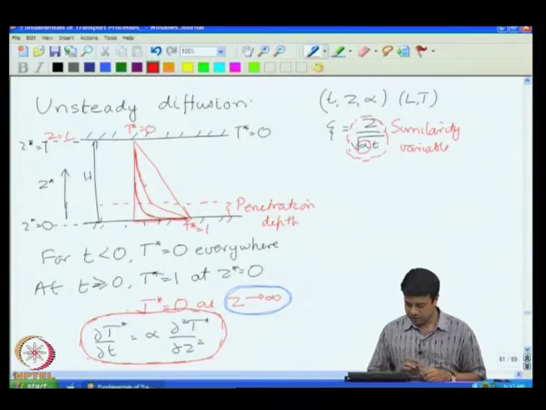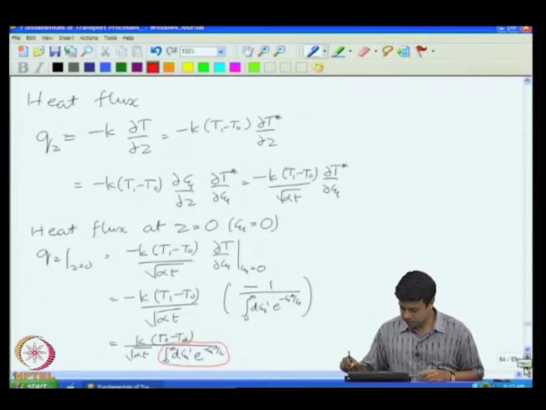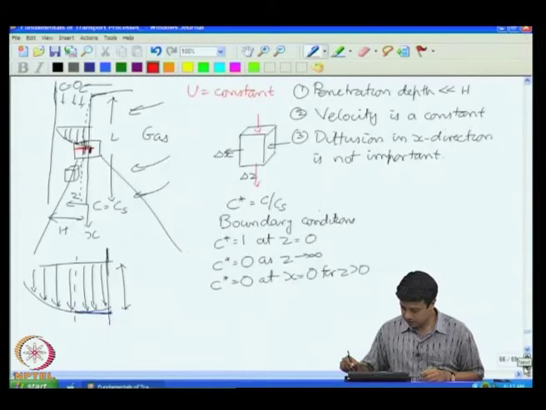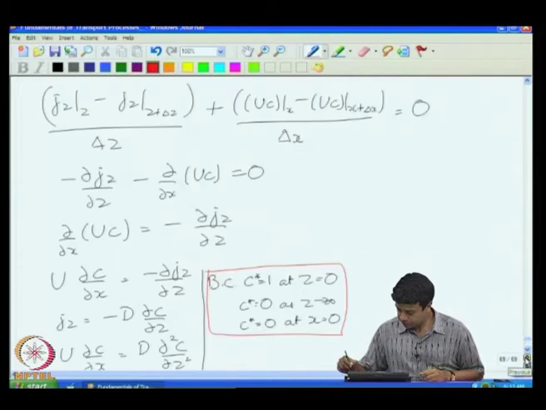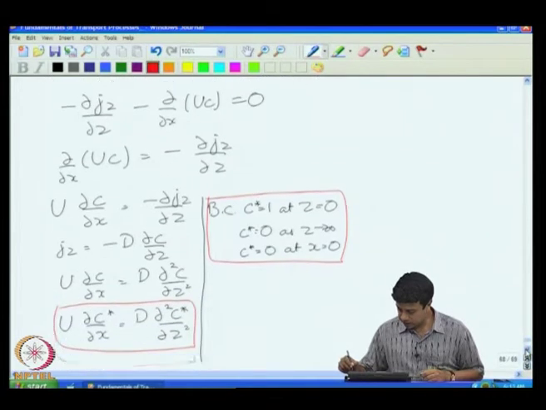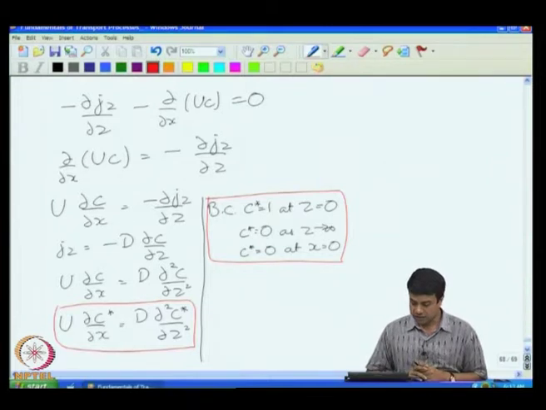So, this equation with these boundary conditions is identical to this equation with these boundary conditions, except that instead of t, I have substituted x by u. Except for that these two are the same. And that means that the solutions also have to be the same.